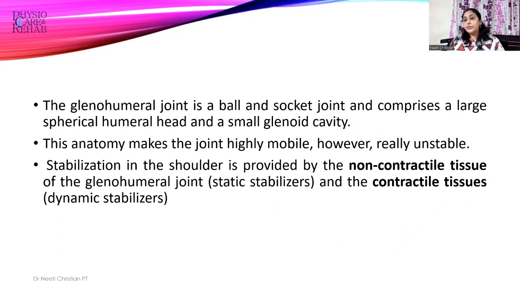But there are a few structures around the shoulder joint which also make it stable. What are the stabilization structures? We have contractile and non-contractile tissues which give stability to the joint. Non-contractile tissues are called static stabilizers, and those are the labrum, the capsule of the joint, the ligaments around the joint, etc. Contractile tissues are called dynamic stabilizers.